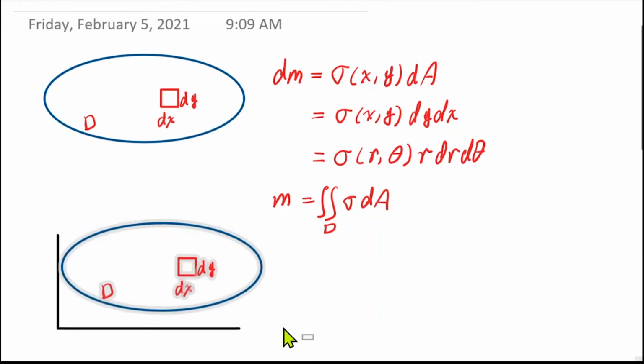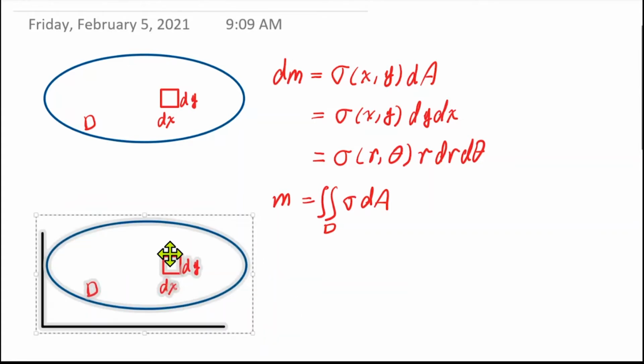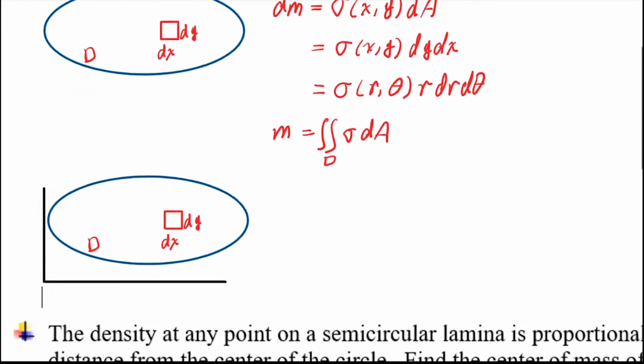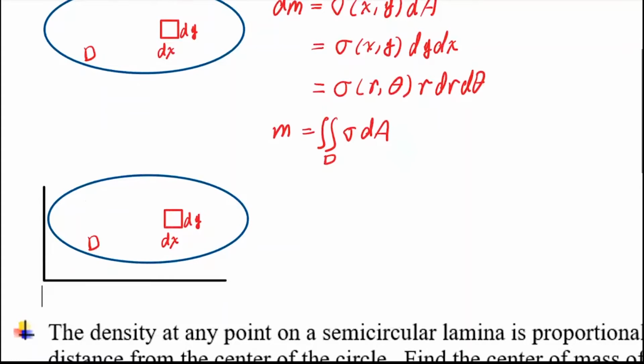Actually, I'm going to move the whole thing to the left a little bit, and down. The idea of center of mass is that, let's say the center of mass is right there. It looks like it, but it doesn't need to be at the center, because we don't know how that density function behaves. For the center of mass in the x direction, we have to calculate this.